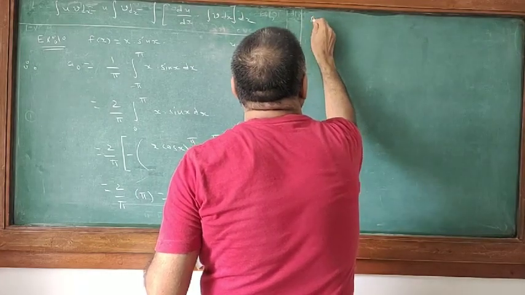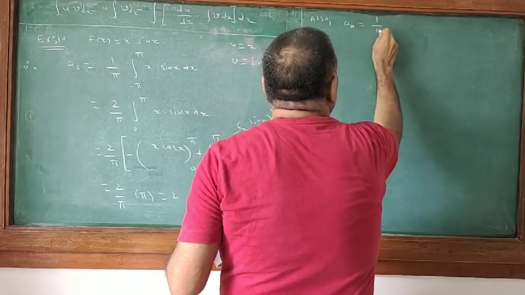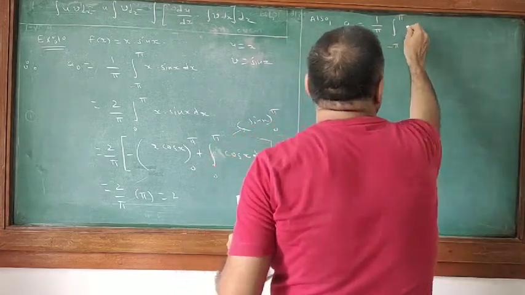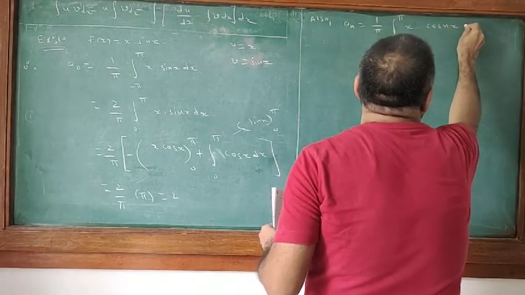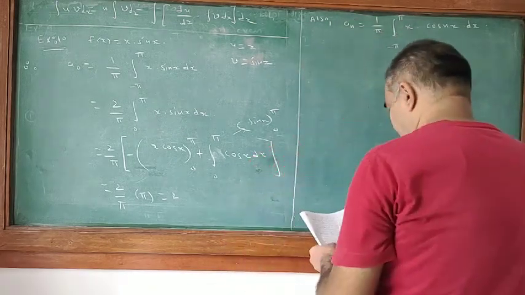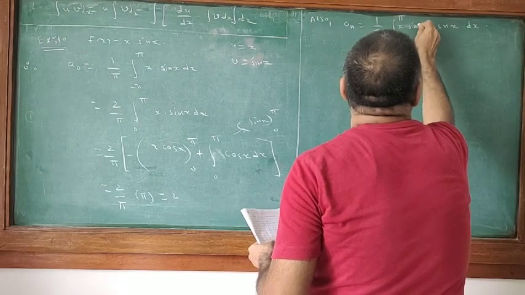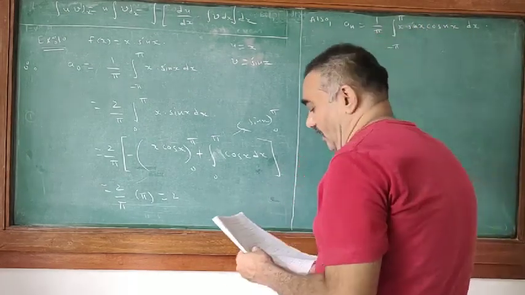Also, an equal to 1 upon pi, minus pi to pi, x sin x cos nx dx, for all n.